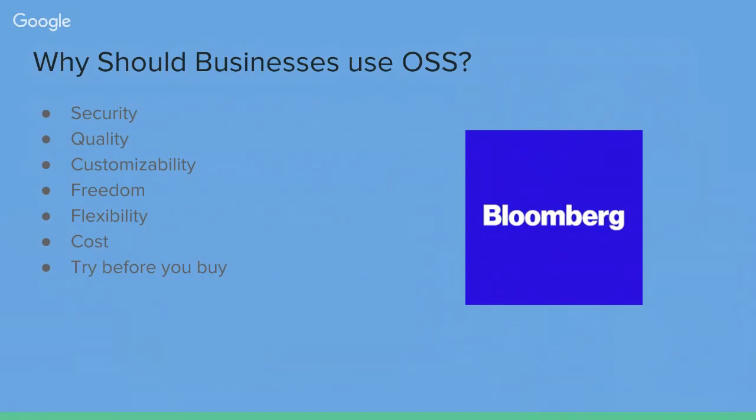Flexibility. Cost. It's cost free. All you have to do is work on it. Also, you can try it before you buy it, basically, which means before you decide to install the software, you can do a test run. You can download it for a trial and see if you like it. Bloomberg has used open source software recently, has become a big proponent as they've used it, and it's really improved how their organization is run.